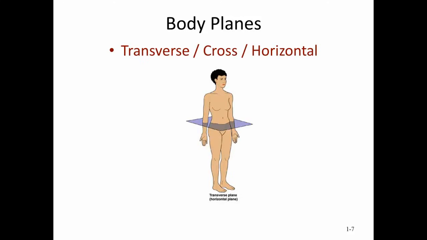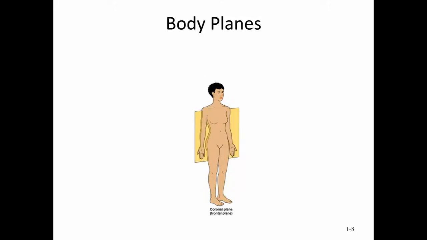This one is going to be a transverse, horizontal, or cross-section. A transverse section is going to give us a top and a bottom. Okay, so we'll have a superior piece and an inferior piece. In this one, this is a frontal or coronal section.